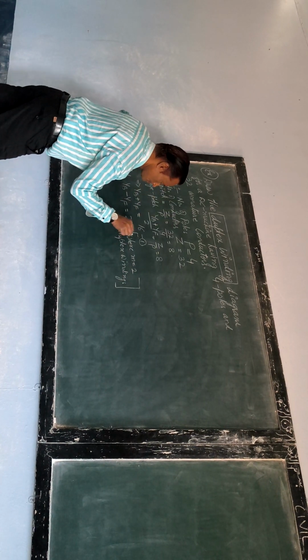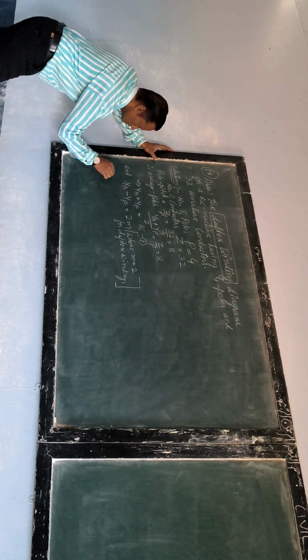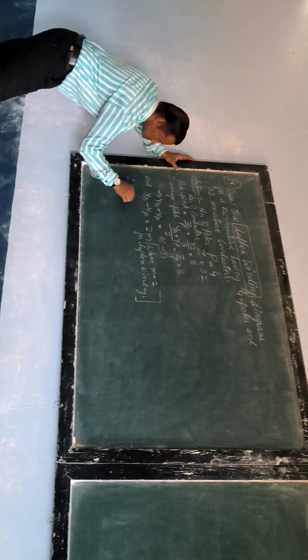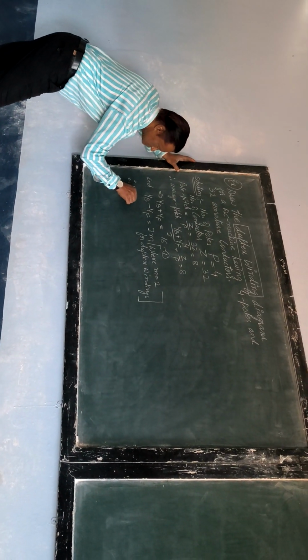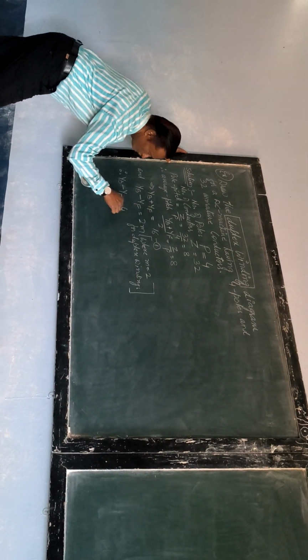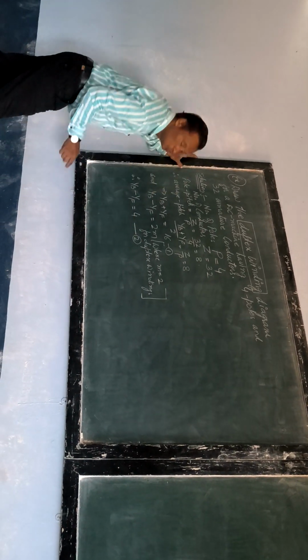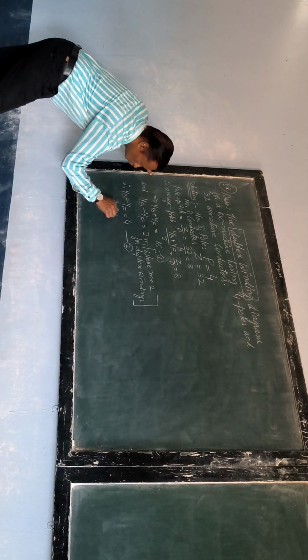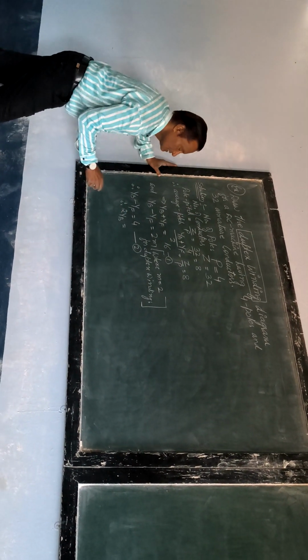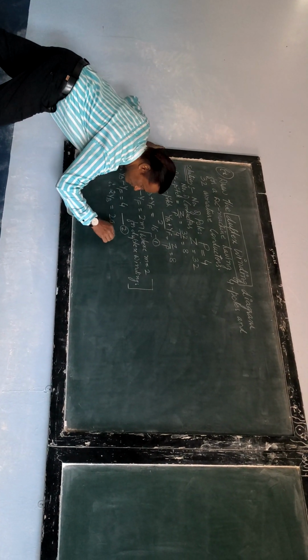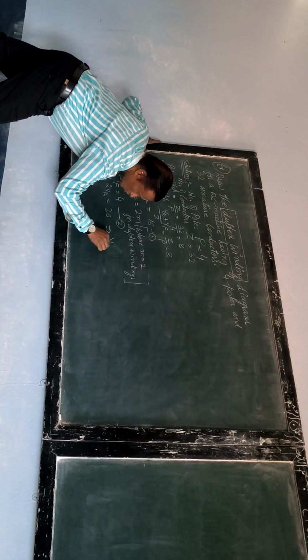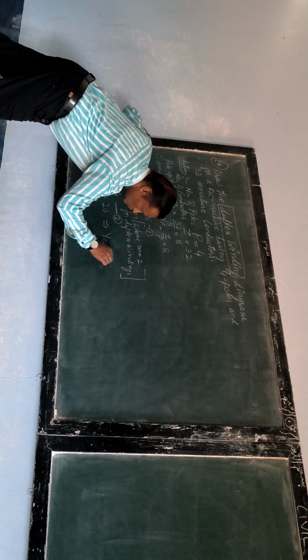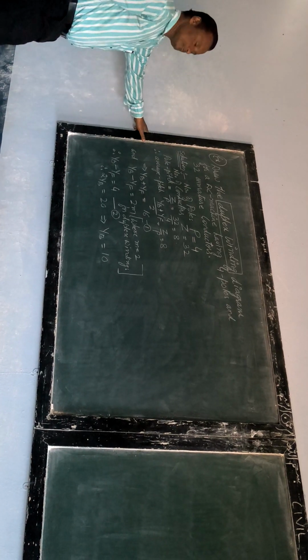Therefore, YB minus YF equals 4. This is equation 2. Therefore, 2YB equals 20, which implies YB equals 10.